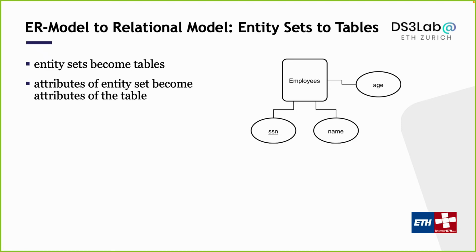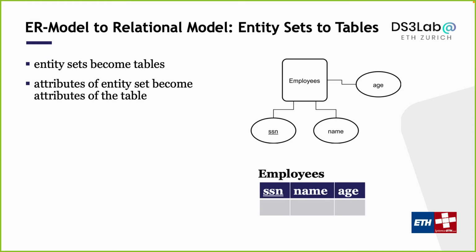How should we translate this very simple diagram into a relational model? This is a case where applying those principles is easy. The entity set becomes a relation. Here we have the employees relation in our relational model, which encodes the employees entity set in the ER diagram.